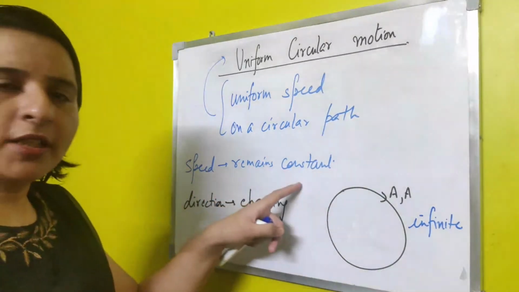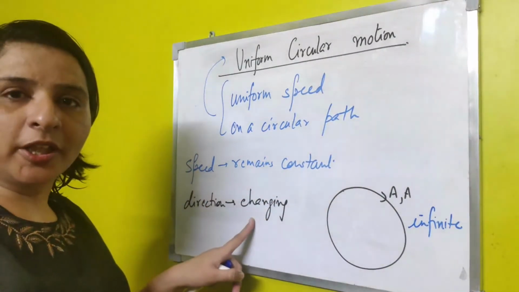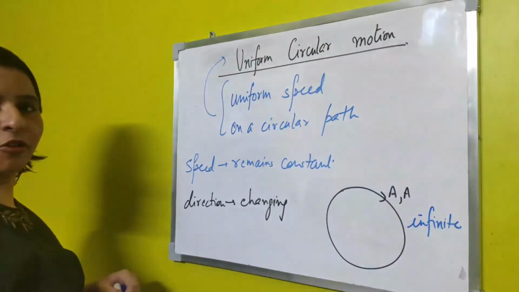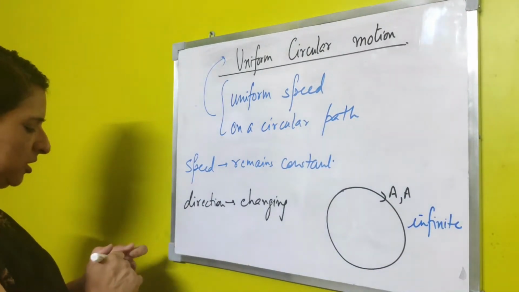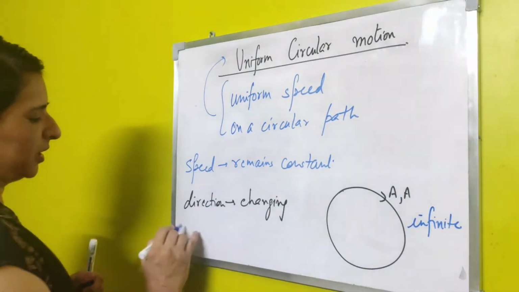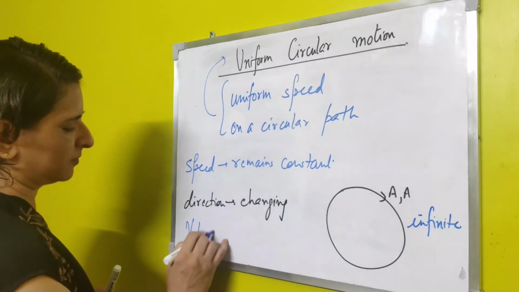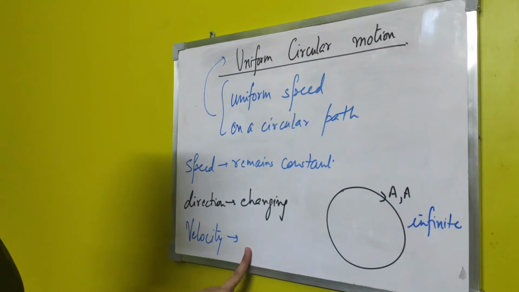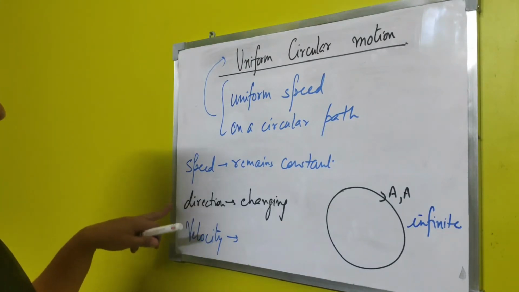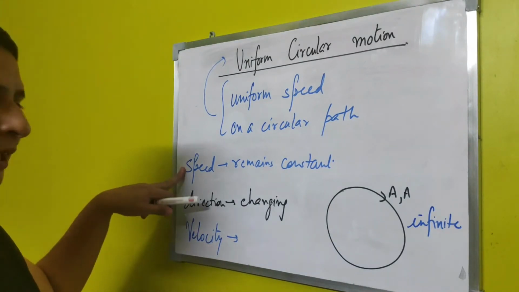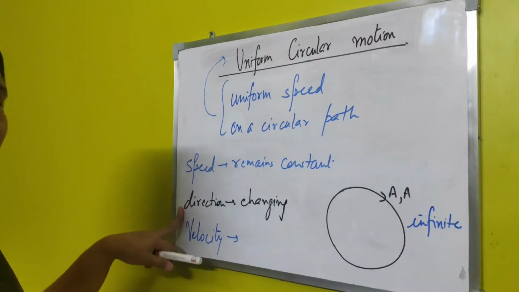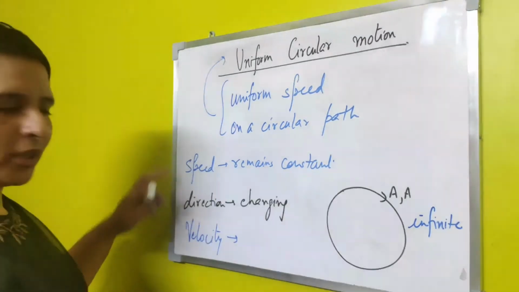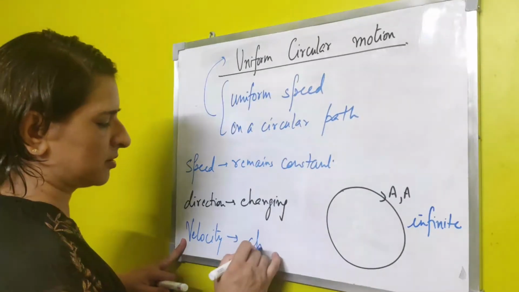So if speed remains constant and direction is changing, what can you say about the velocity? Is the velocity changing or remaining constant? Velocity is speed in a certain direction. If the speed is constant but direction is changing, any one of them changing, definitely velocity is changing.